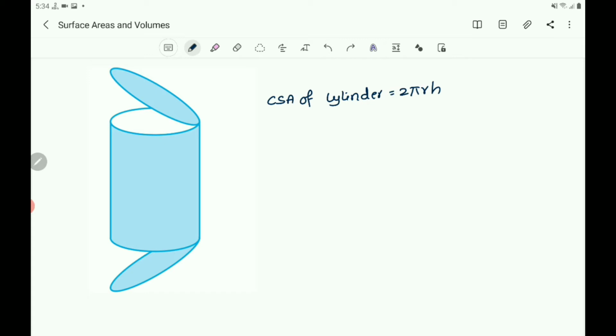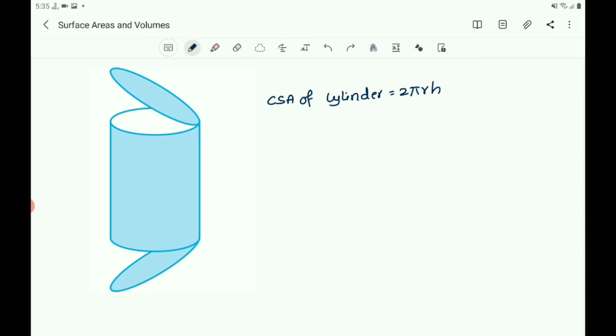Now what about the total surface area? If the top and the bottom of the cylinder are also to be covered by paper, then we need two circular regions, each of radius r and thus having an area of pi r square each.